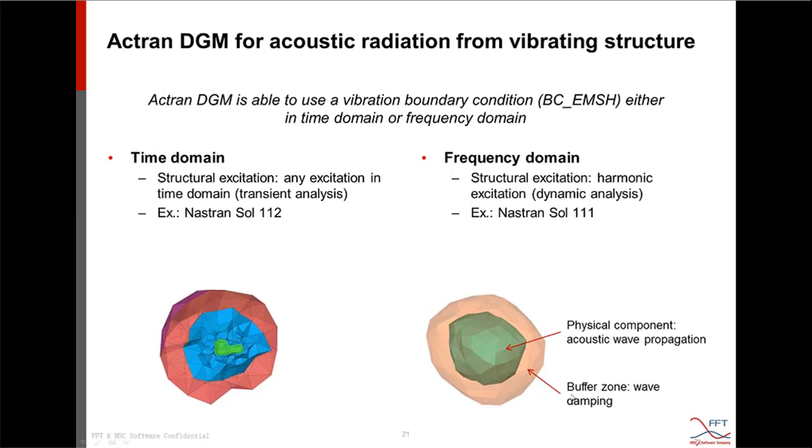On top of that, a buffer zone for the wave damping. The purpose of this buffer zone is similar to the PML as we have seen previously, but the technology in DGM is slightly different from the PML method. And we are able to solve the far-field radiation problem using an SWH method.